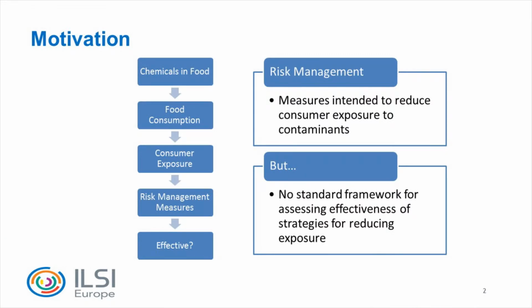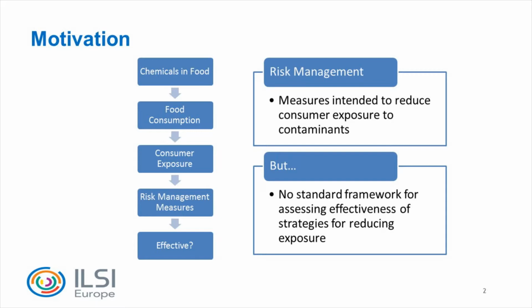The risk assessment process for contaminants in food involves the evaluation of safety data on that contaminant, the preparation of a detailed consumer exposure assessment utilising occurrence data for that contaminant and food consumption data.